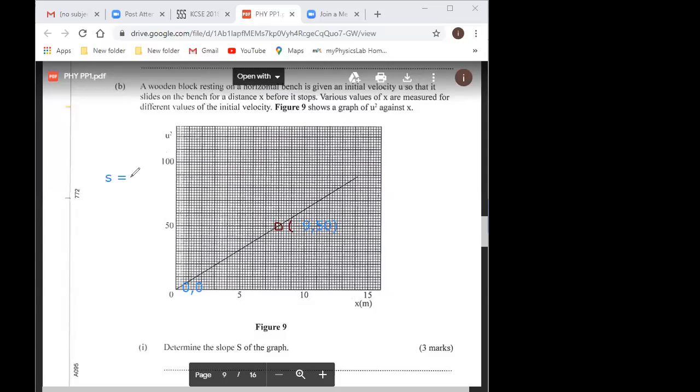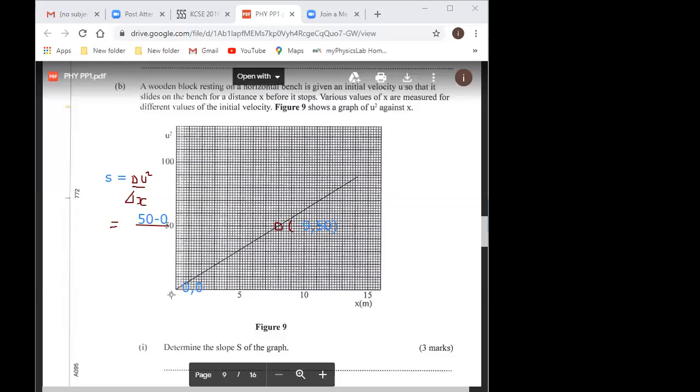So here the change in y-axis is u squared. So we write down change in u squared over change in this side. You can see that we have x, so change in x. So in this case, our slope is going to be, my u squared here is 50 minus 0. So I'll just write down 50 minus 0, the whole of it over change in x.